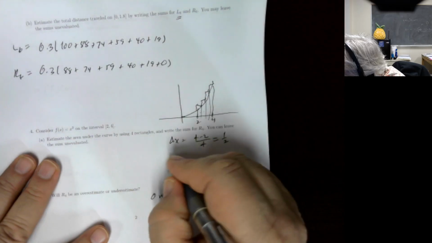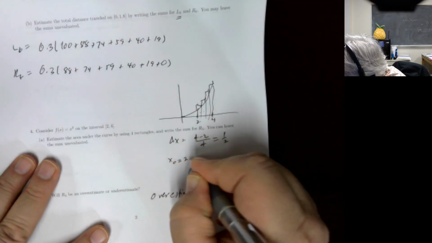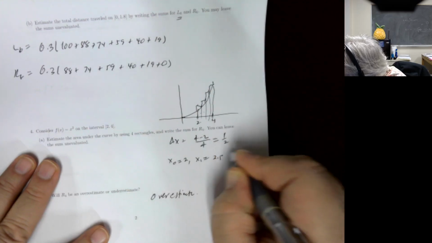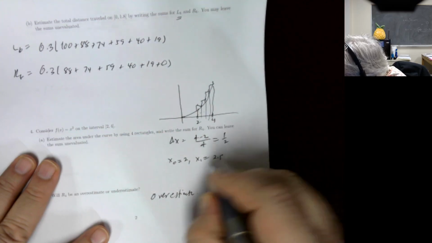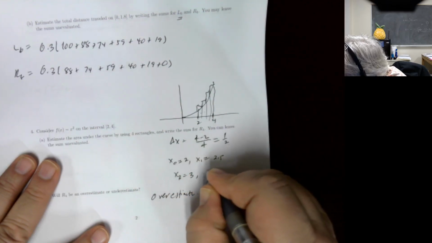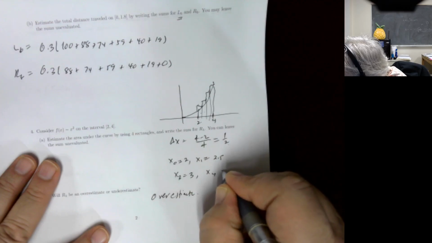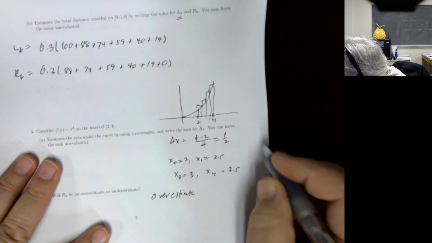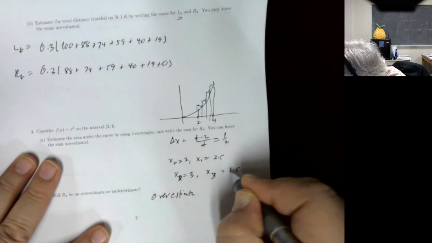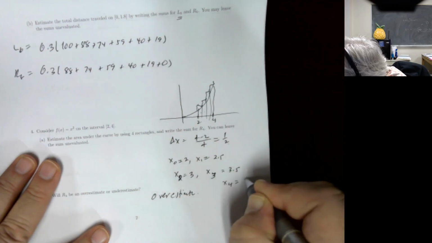What are the endpoints going to be? X0 is 2. X1 is 2.5, because you add 0.5. X2 is 2.5 plus 0.5, so that's 3. X3 is 3.5. And then X4 is a 4.